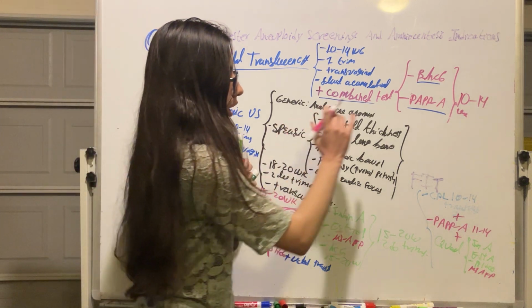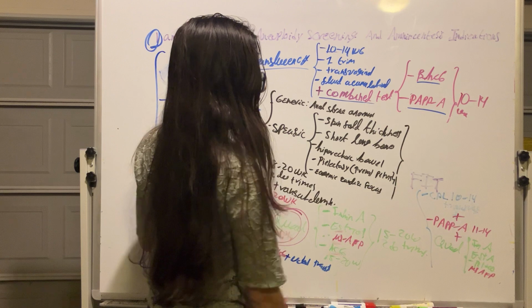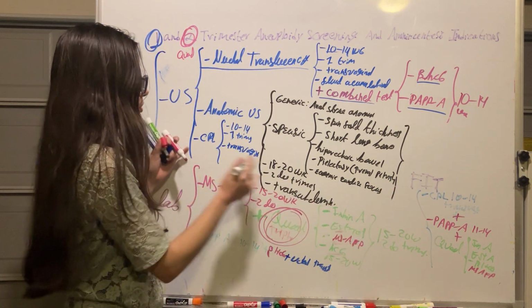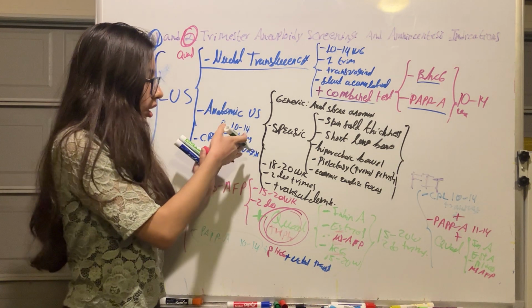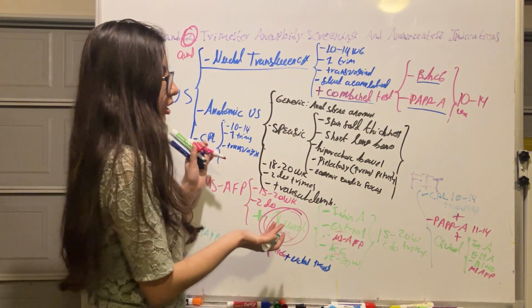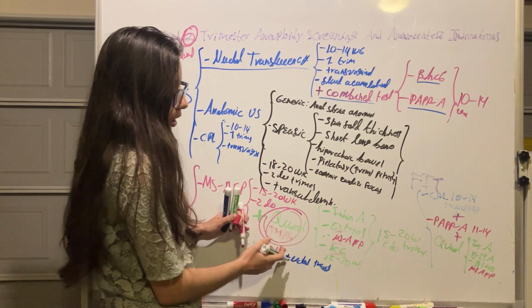Or we can do the integrated screen test, which is an ultrasound measuring crown rump length, between 10 to 14 weeks gestation, plus pregnancy associated plasma protein, again between 10 to 14 weeks gestation, plus the quadruple screen test.